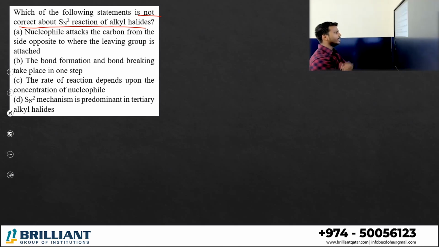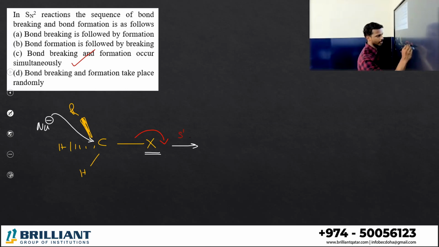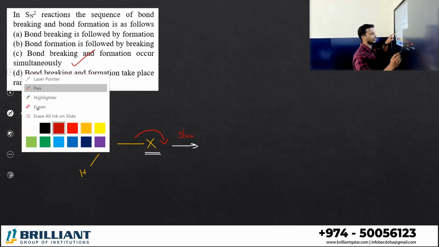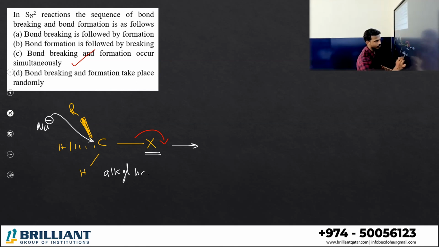Option C. Rate of reaction depends upon the concentration of the nucleophile. Yes or no? Because you know, this is the reaction, this is the slowest step. Okay, first one is the fastest and it is forming an intermediate. Anyway, this is an alkyl halide and this is the nucleophile.